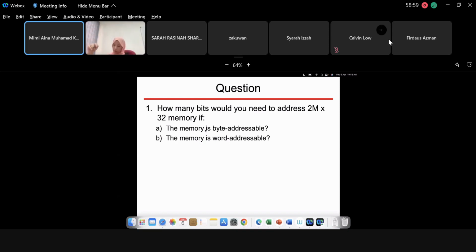Because 2 million is 2 to the power of 20 point something something. Oh, I see. Okay, you just take the round number je lah. Round tu nak plus ke nak minus? Plus lah, biasanya plus lah. This one tak ada kaitan dengan minus ni.